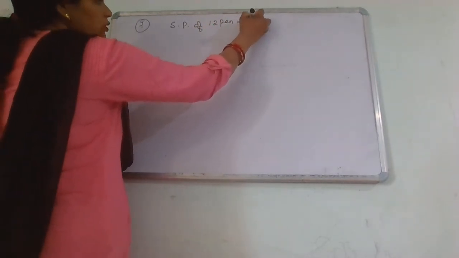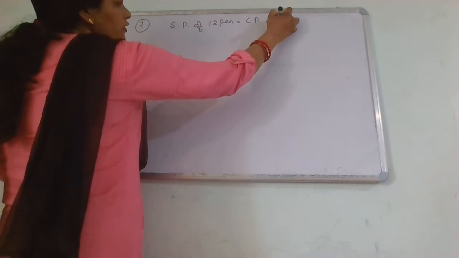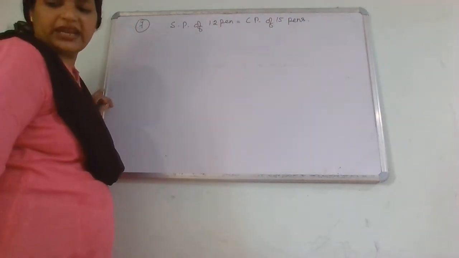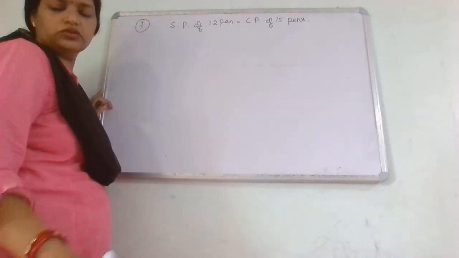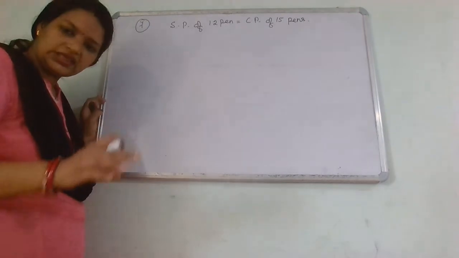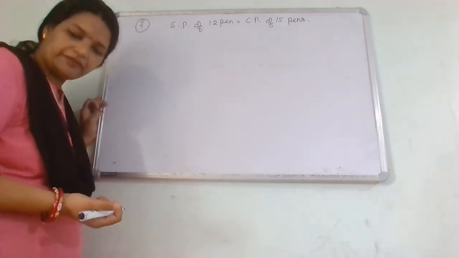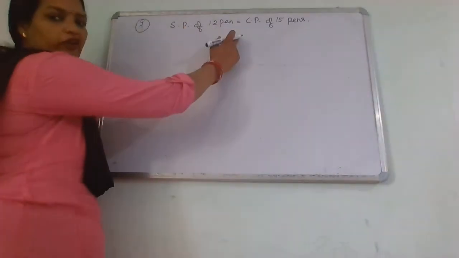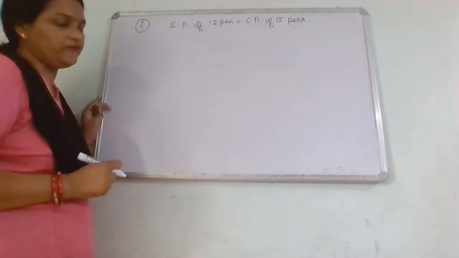Selling price of 12 pen is equal to cost price of 15 pen. Nothing is given. What is the cost price of 1 pen? What is the selling price of 1 pen? Only they have mentioned to us that selling price of 12 pen is equal to cost price of 15 pen.